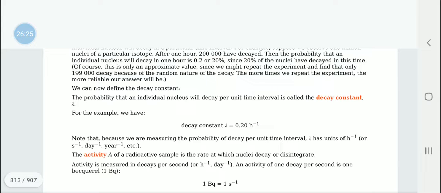Leave a line and write: the probability that an individual nucleus will decay per unit time interval is called the decay constant, lambda.